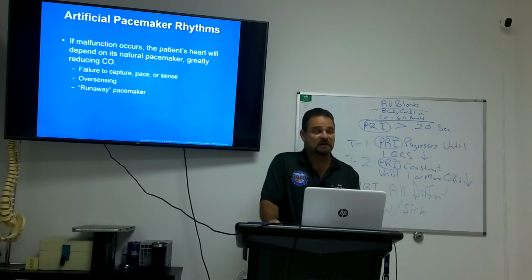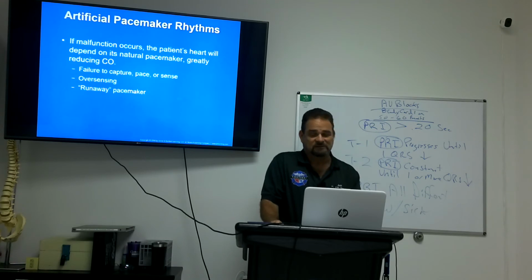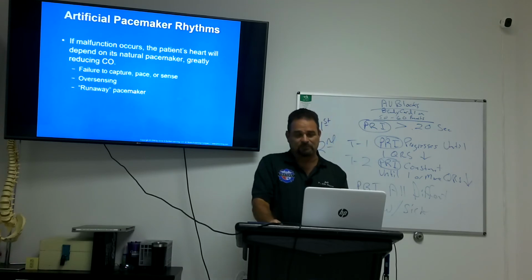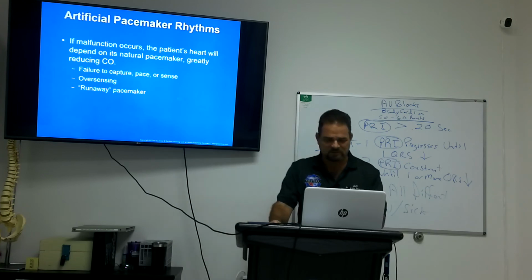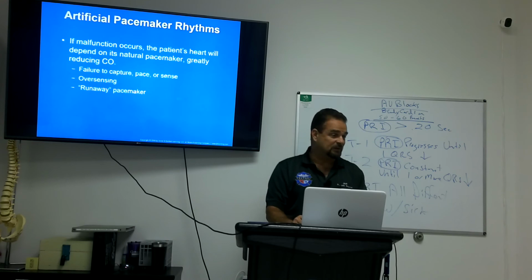Oversensing is indicated on the ECG by the occurrence of pacemaker spikes at a slower rate than the pacemaker's preset rate, or by the absence of pace beats even though the pacemaker's preset rate is faster than the patient's rate. Runaway pacemaker is a very tachycardic pacemaker that is way too fast.